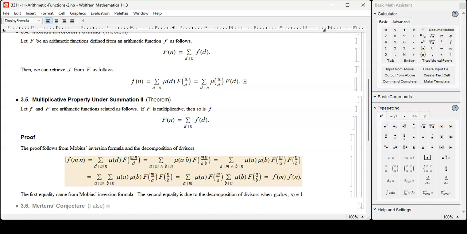f of mn, and then let's just put it into Möbius inversion, this one here. Sum over d dividing mn, mu of d, capital F of mn over d, all right? And d dividing mn means d can be decomposed into some a times b, a divides m and b divides n, where a and b are relatively prime.